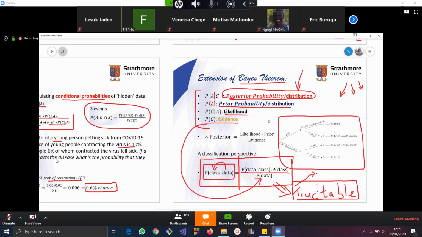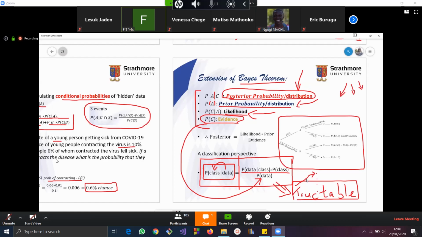Sometimes we will be looking for the likelihood. Sometimes we'll be looking for the prior. But always we will have the evidence. The evidence will always be there. And that's how we wrap it up on distributions and probabilities, and the key things that we have to pay attention to.